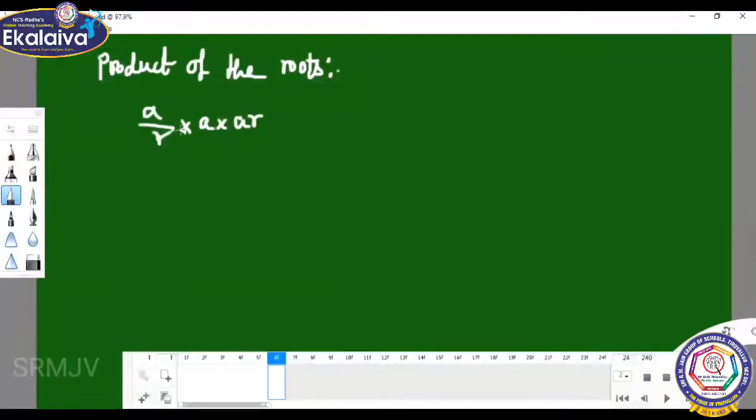Here r gets cancelled, so it is a cube. That is minus d by a, minus of minus 24 by 3. So a cube equals 24 by 3, which is 8. a equals 2.